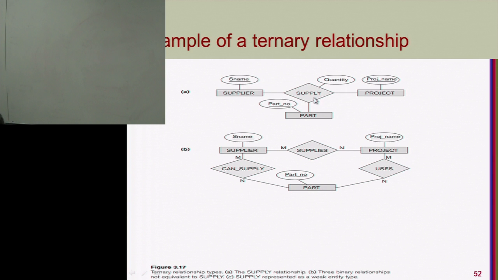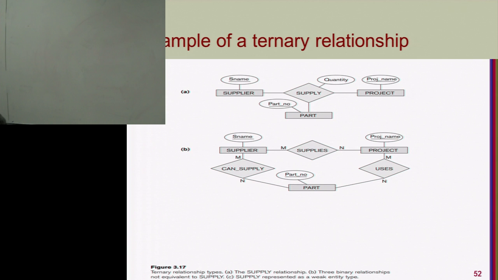So now, what is the quantity of how many parts are supplied? It doesn't specify the supplier. It doesn't specify the part. It doesn't specify the project. It specifies when this relationship occurs, when the supply itself occurs. When we do the supply, it happened that it is by this quantity.